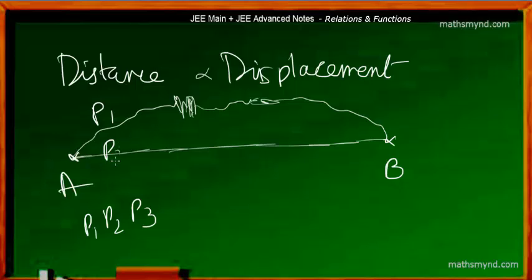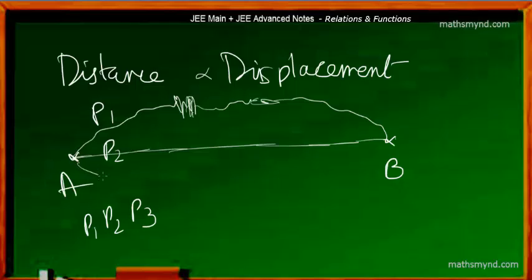Person 2 is quite less adventurous. He wants to reach point B without many hurdles, and naturally he chooses the shortest route. So P2 chooses the shortest route, and naturally that's the displacement between A and B.